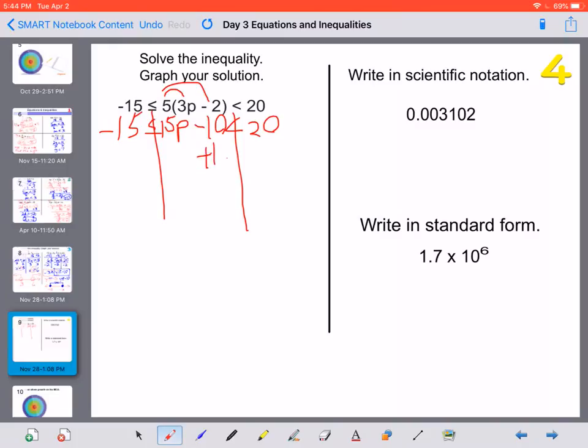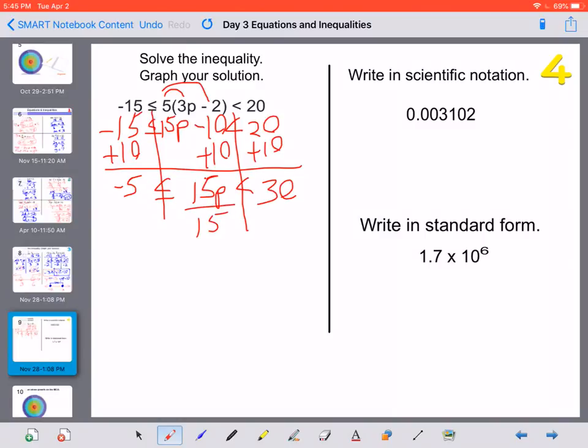Now we're going to add 10 to both sides. So negative 15 plus 10, that's going to give us a negative 5, is less than or equal to 15p, is less than 30.